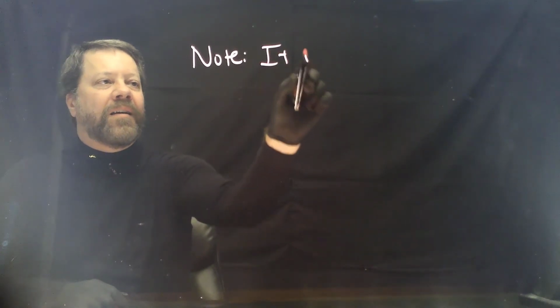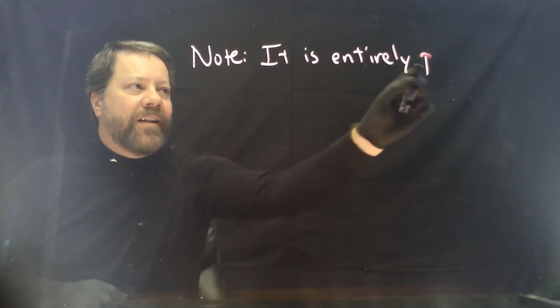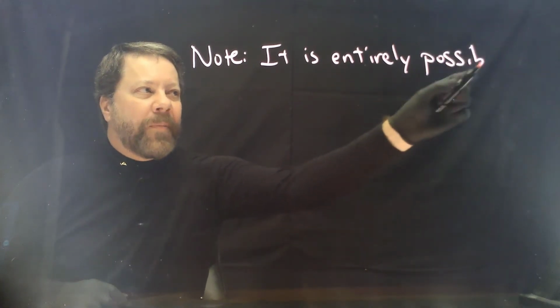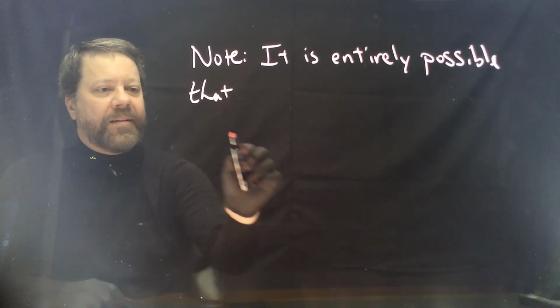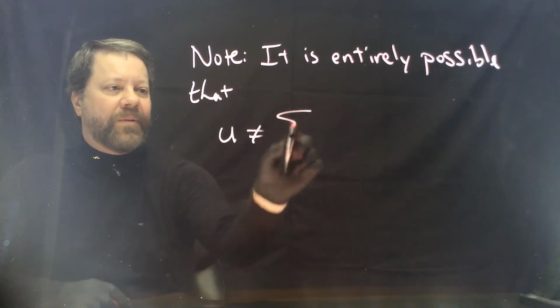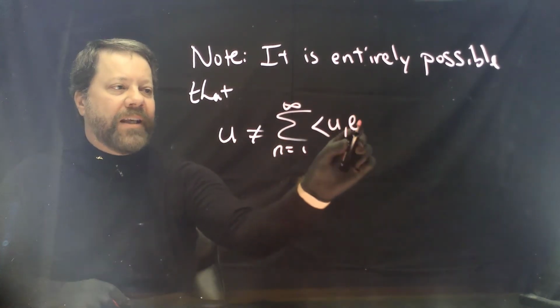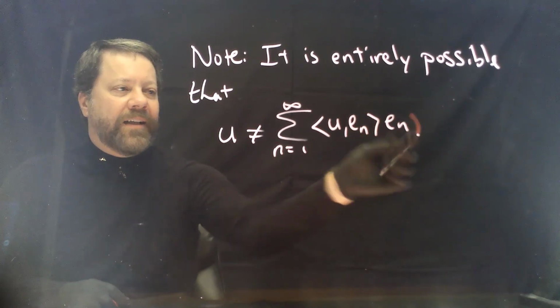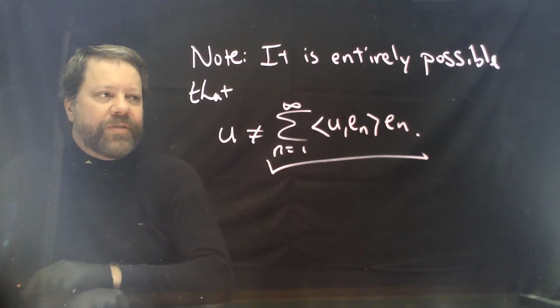I should also note it is entirely possible that u does not equal the sum as n goes from 1 to infinity of the inner product of u with En. So in other words, some vector may not be equal to its Fourier series representation.